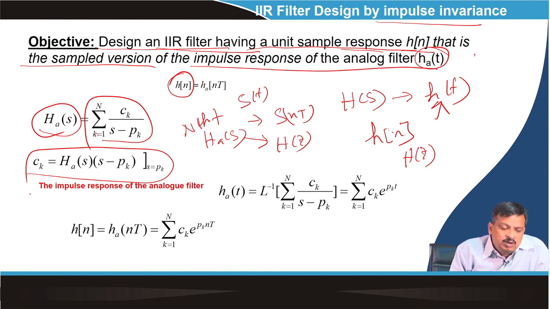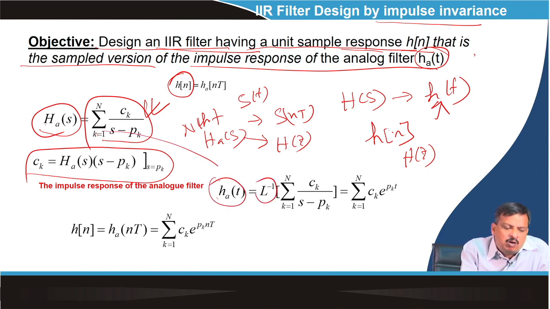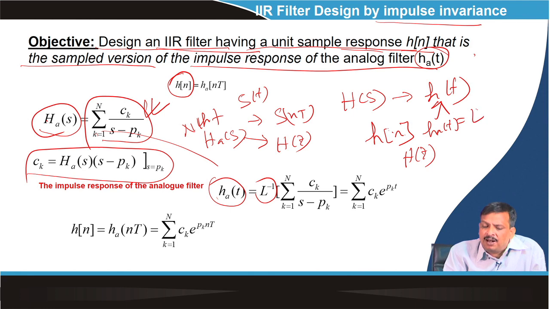Okay. So, now if this is my H_a(s), then what is the impulse response of the analog filter? H_a(t) is nothing but the inverse Laplace transform of H_a(s).